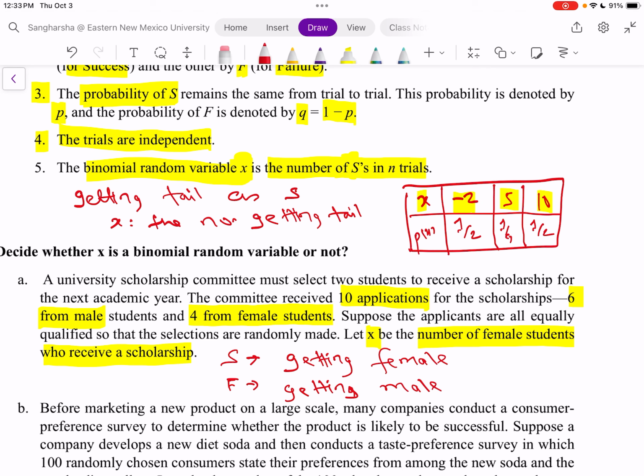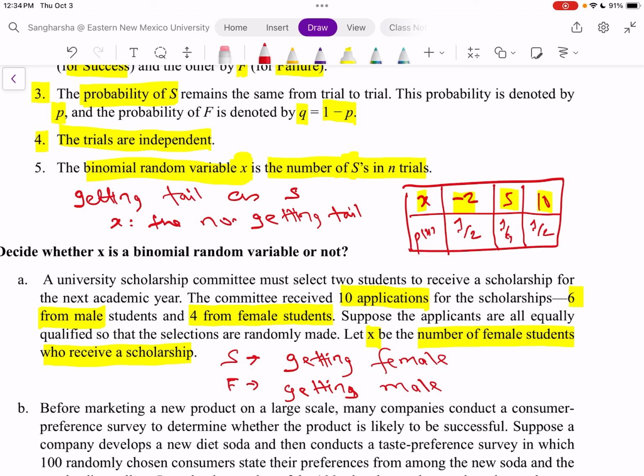And what will be the probability of getting female in the first trial if you have a male? When you select the first time, you got the male. Now what is the probability of getting female in the first trial? It's 0, right?